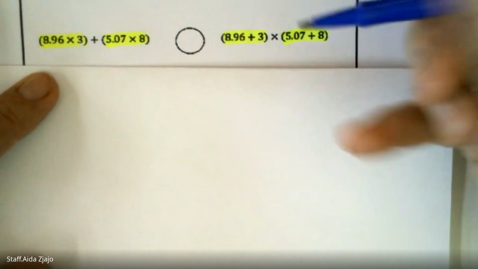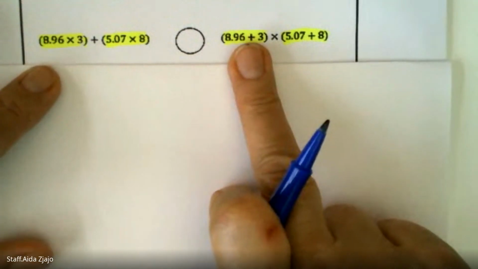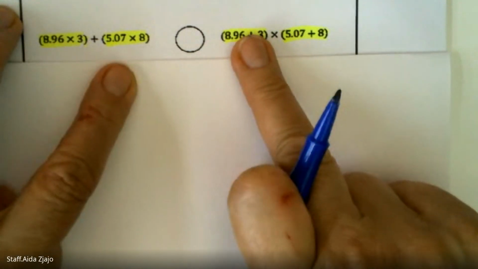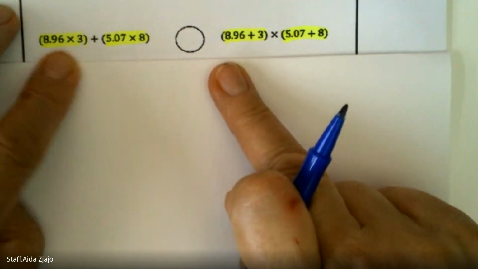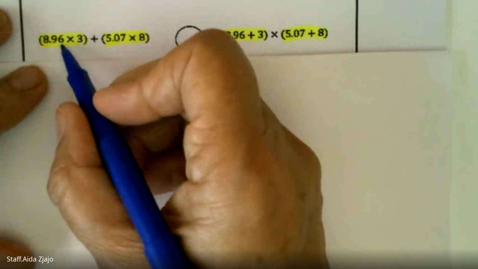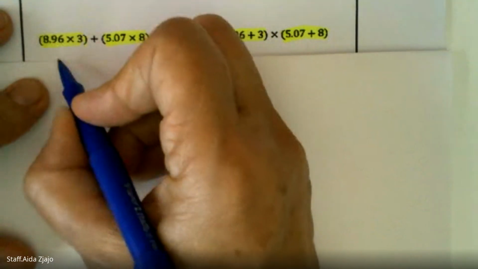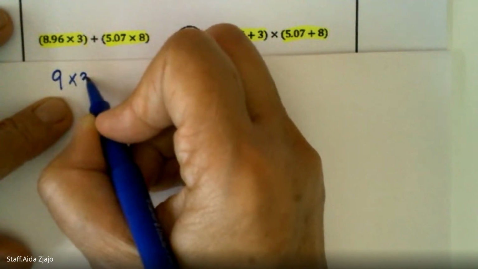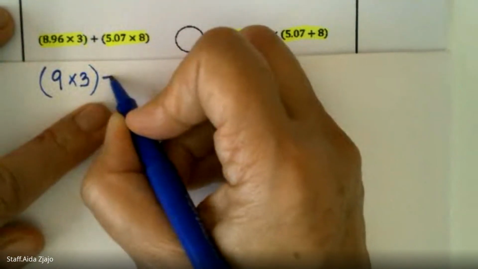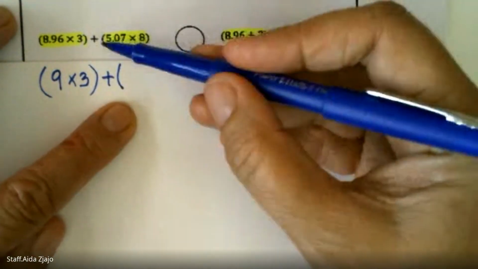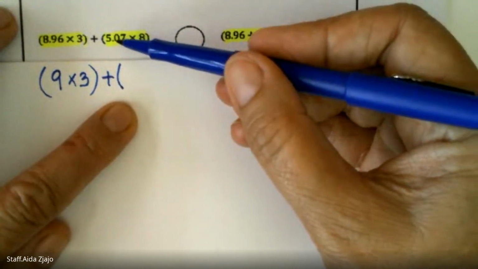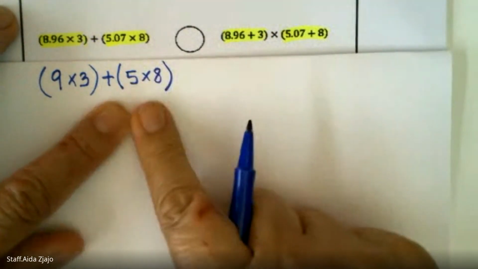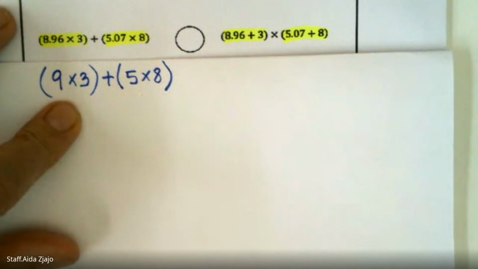So when we think about this, we can say 3. We can round, if you would like to round these numbers. We can round 8 and 96/100 to be about 9. So that should be 9 times 3, about. Plus, you will have 5 and 0.700. It's about 5 times 8. When we round, sometimes rounding helps.